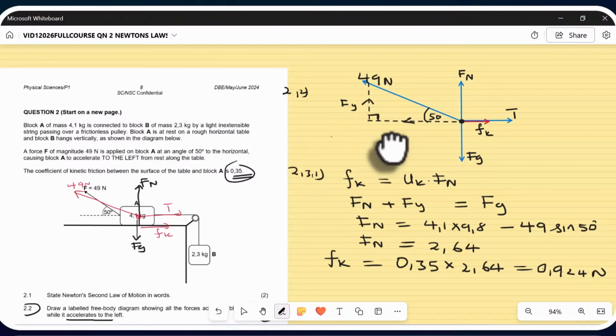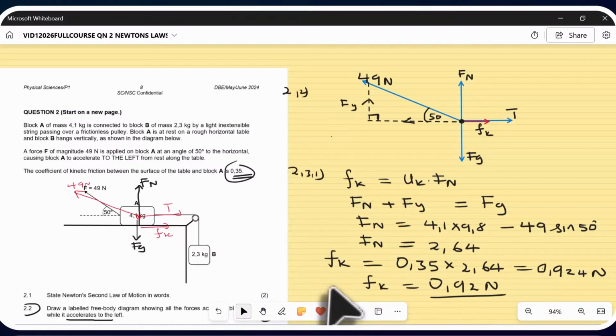Then they say next, calculate the magnitude of the acceleration of block A by applying Newton's second law to each block separately.